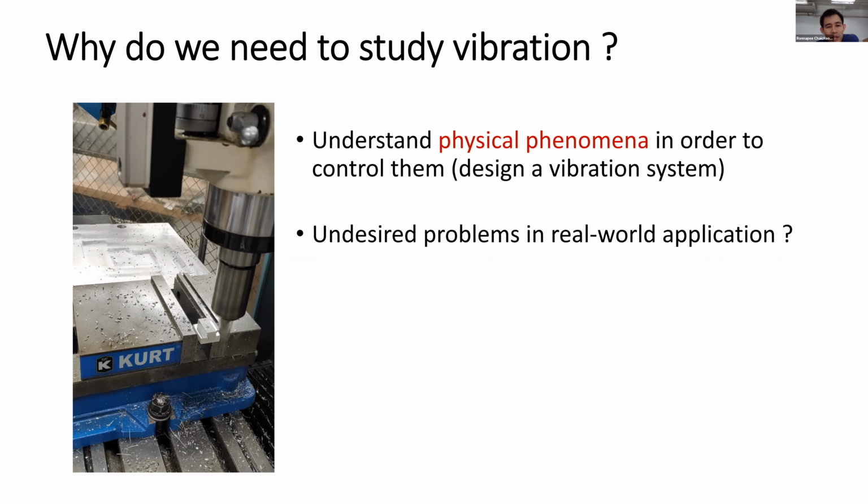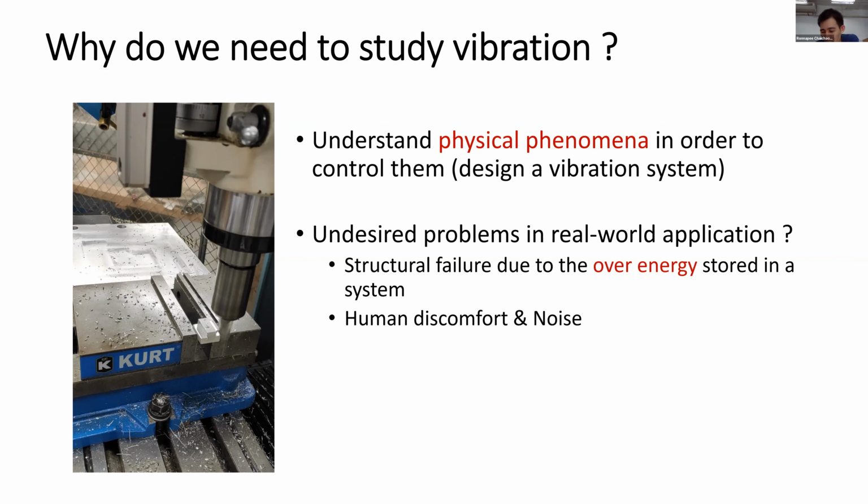In real world applications, sometimes we have phenomena whose characteristics we don't like. For example, we have failure in the structure. If we have a vibration system and it stores energy and increases the amount of energy stored in the elastic component, finally it goes over the limit and it breaks.